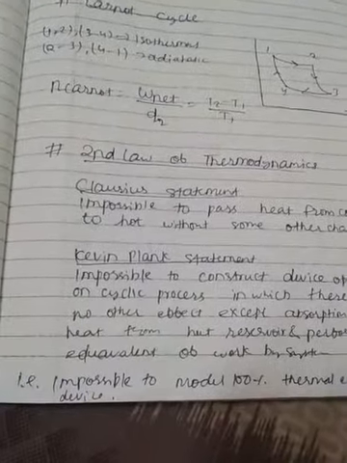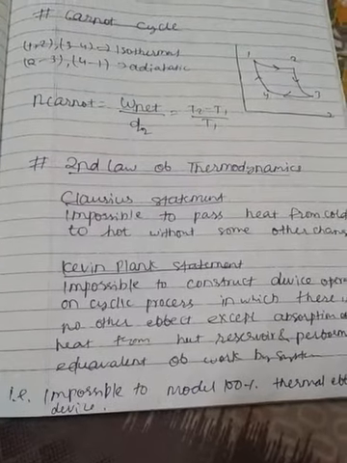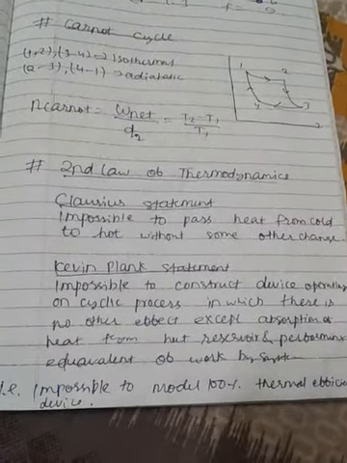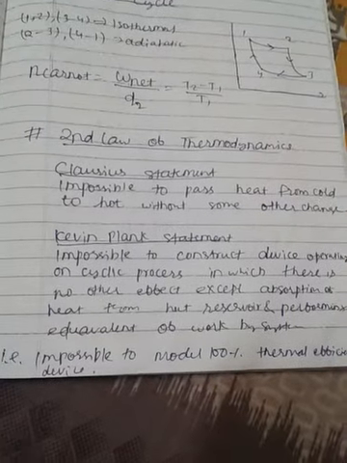The second law of thermodynamics basically comprises two statements: Clausius statement and Kelvin-Planck statement. Clausius statement says it is impossible to pass heat from cold to hot without some other change. It means you can't transfer heat from a cold body to a hot body without any external means.